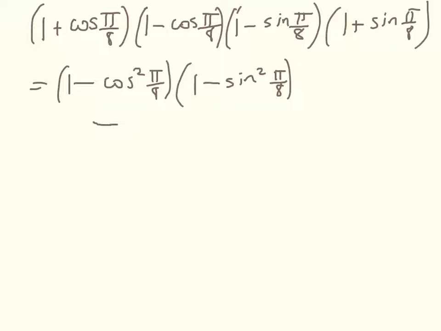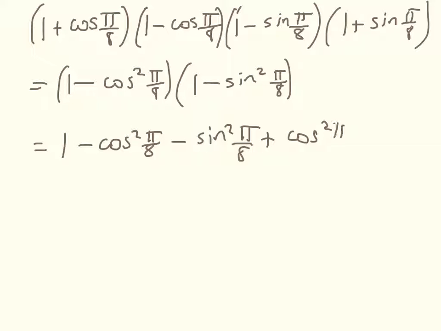Right, now if I expand that out, what do we get? Well, we get 1 minus cos squared of pi on 8 minus sine squared of pi on 8 plus cos squared pi on 8 sine squared of pi on 8.